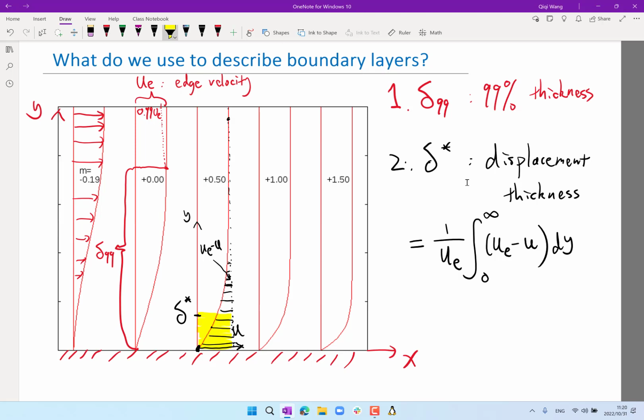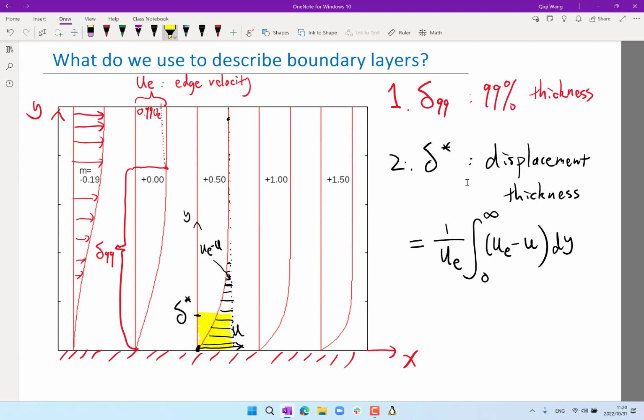The total amount of mass flow that's sandwiched between that streamline and the wall would be the same as if the flow is inviscid, but the wall is over here.